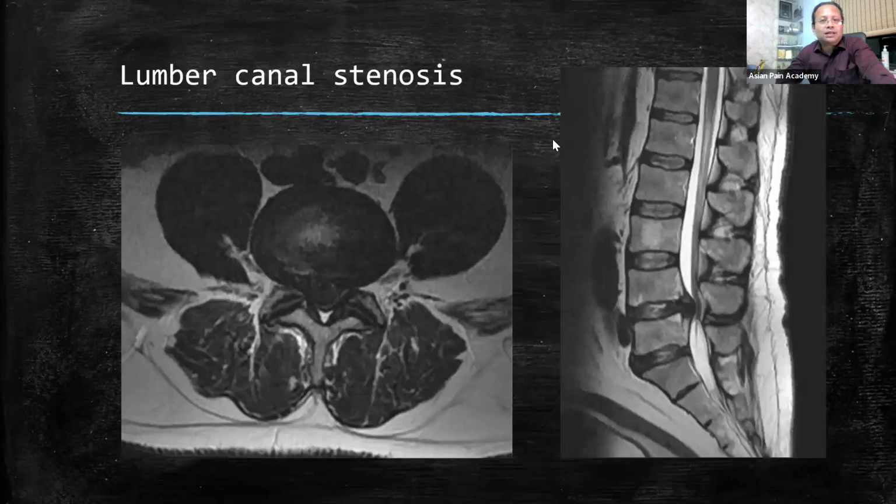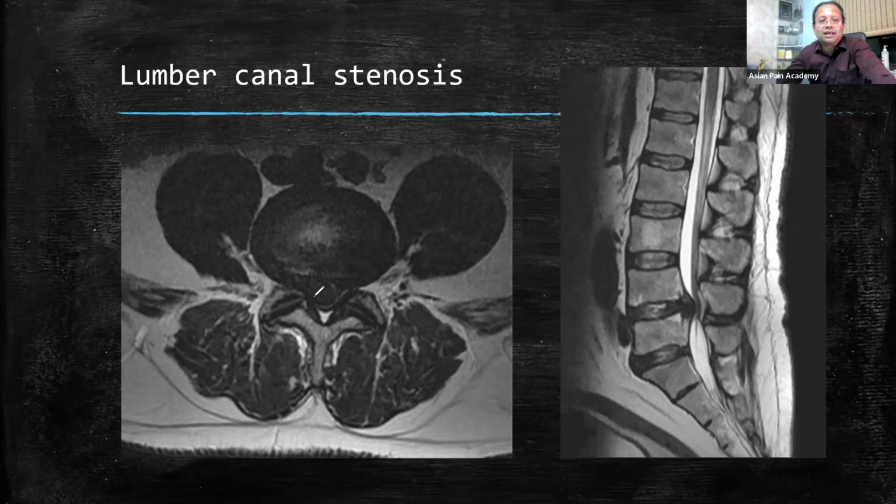So lumbar canal stenosis is another type of finding. Here you can see it is only disc and disc, the whole central canal, there is no CSF. So this is called lumbar canal stenosis. So the whole area has been eaten up by the disc fragment, and actually the roots, all the roots are there. They have to be there, otherwise where will they go. They are there, but completely compressed, and this white part is the epidural fat, what you are seeing.